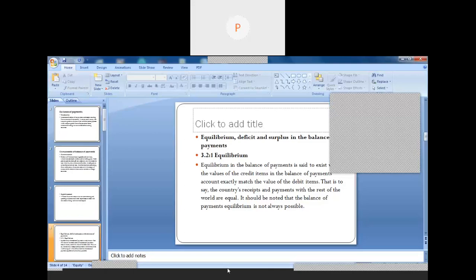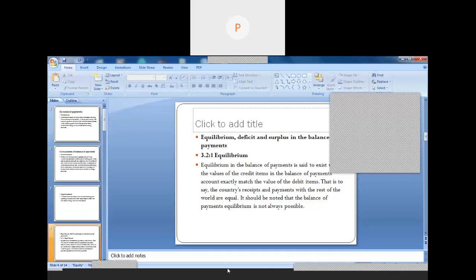So I was discussing the equilibrium, deficit, and surplus in balance of payment. See, equilibrium is a position. Equilibrium in the balance of payment is said to exist when the value of credit items exactly matches the value of debit items. But this is not the real thing. Actually, the balance of payment never happens to be balanced.